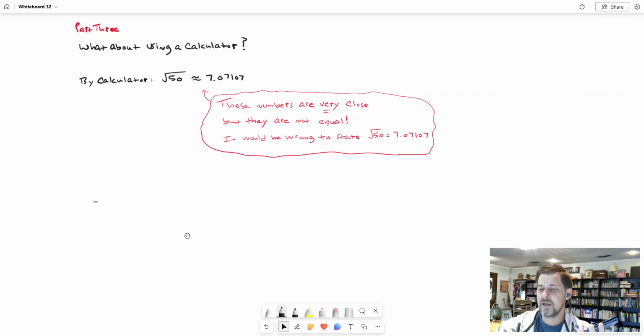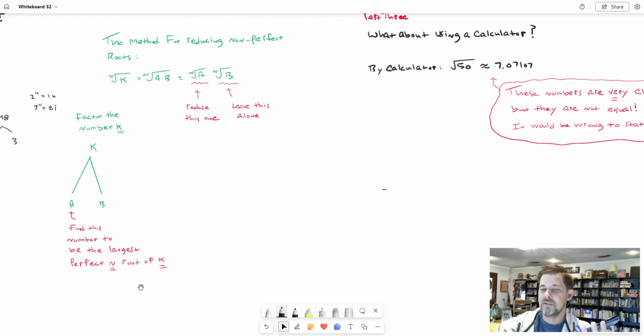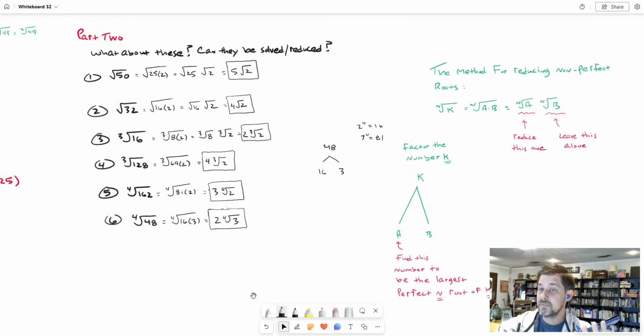So that's why as we do math and deal with roots sometimes, instead of using our calculator and getting decimal places, which are only approximations, they are not truly equal for roots like this, we'll reduce them in the way that you see here. Okay, so that's a little bit of a crash course on how you understand and reduce roots.